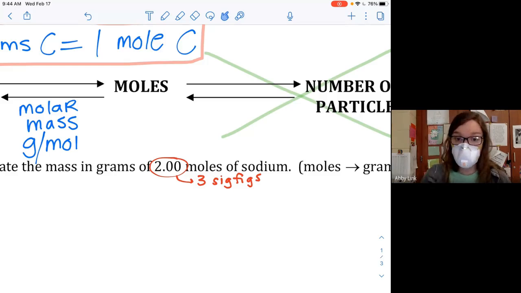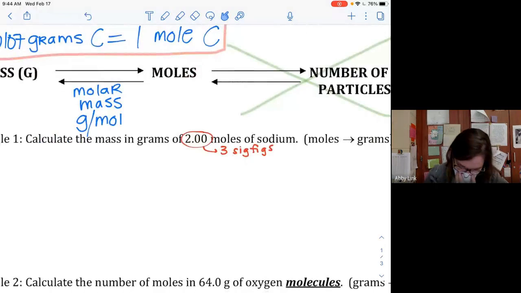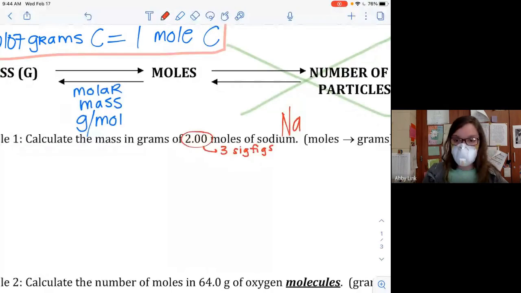It was a little bit challenging, but now that we're actually going to apply them to problems, it's very straightforward. Okay, all right, so we're given 2.00 moles of sodium. Sodium symbol on the periodic table is Na, and it wants us to calculate the mass. Okay, so I'm going to treat this like any other dimensional analysis problem, and I'm going to start with what I'm given, and I'm going to put it over 1. All right, so let's start it off.